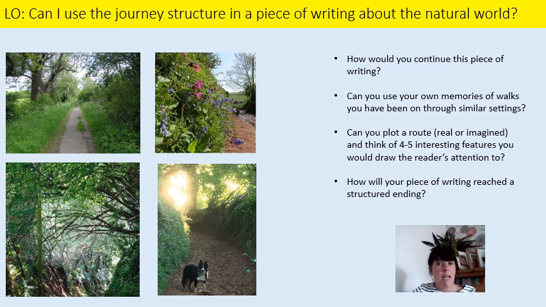Do you stay in the lane the whole time, or does it open up at certain points into a field, or do you end up on the coast or something like that? Can you draw on your journey 4 or 5 interesting features that you want to draw the reader's attention to at certain points of your journey, and how will your piece of writing reach a nice structured ending?